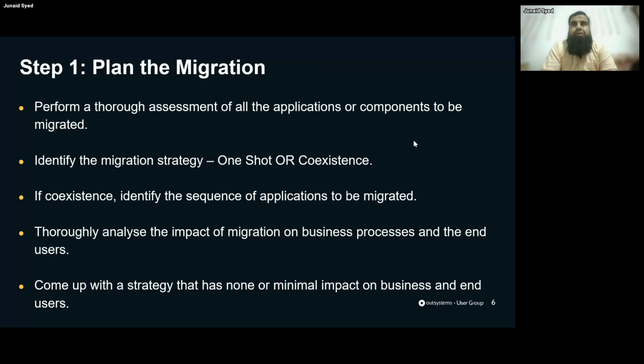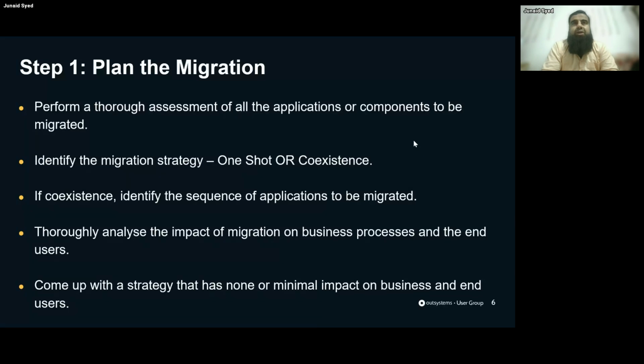In terms of the architecture, in terms of the methodology we build the applications, and the way we look at the applications and application components in the ODC framework, it's totally different from O11. The only thing common, I would say, is the reactive framework that we continue to use to build the applications in ODC.